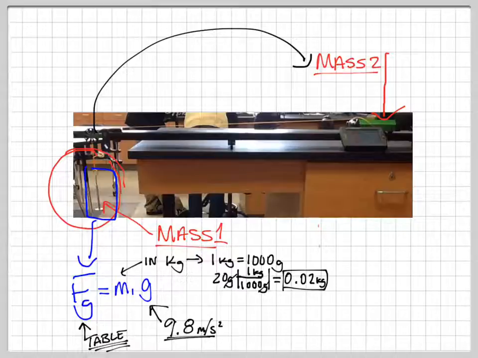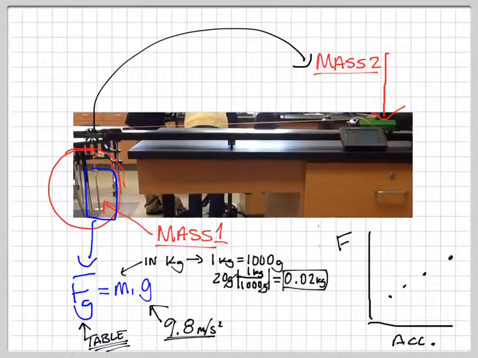And what we want to do is to create a graph of our force on the y-axis and our acceleration on the x-axis. And so we're going to reduce our force, and we should see our acceleration reduce every time. So in your lab notebook, you're going to make a graph with the best fit line. You're going to find the slope of that best fit line, and you're going to answer some questions about what that best fit line might refer to.